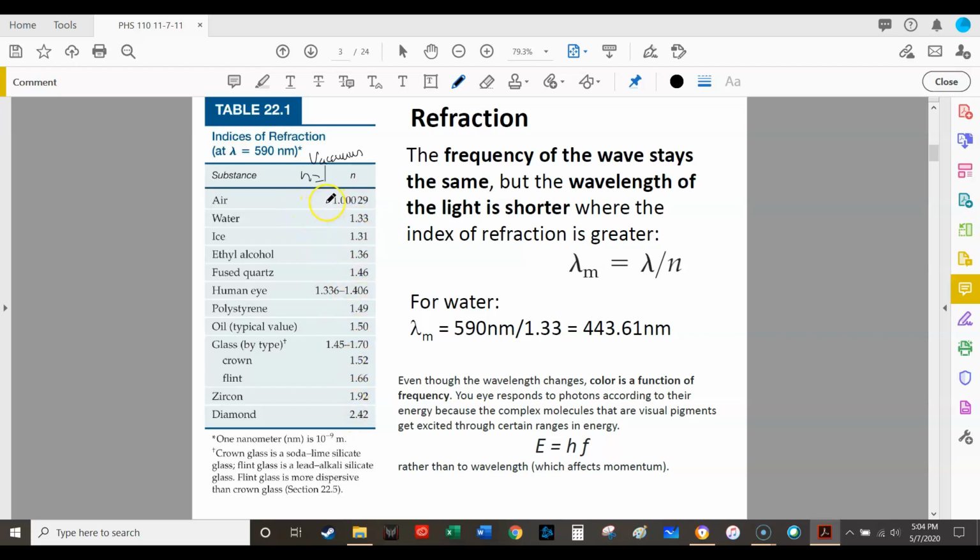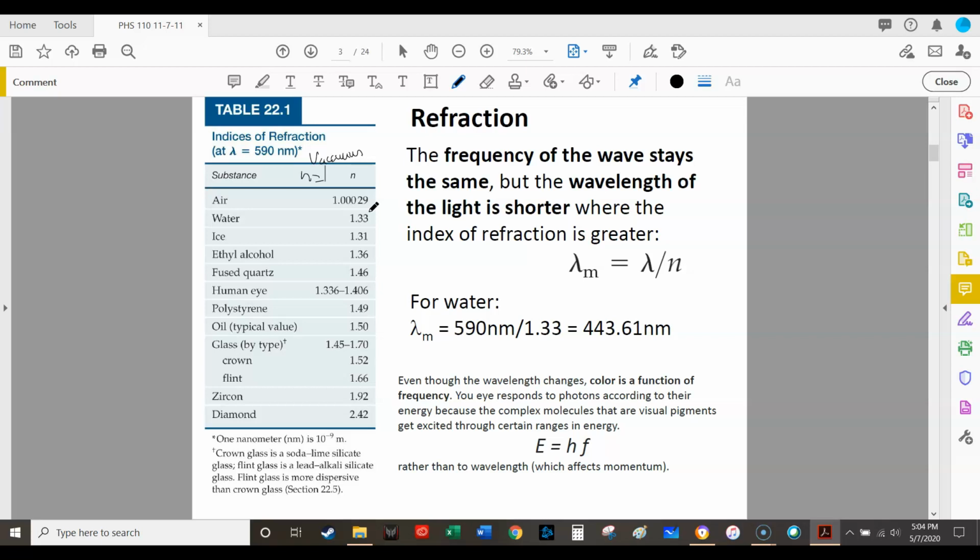So light will bend a little bit in air, it'll slow down a little bit in comparison to the vacuum. But then it hits water and it slows down even more, and ice, and then you've got different things like ethanol, alcohol, things like that. So that index of refraction is analogous to density. And it's not a perfect analogy, right? There's some exceptions, but for the most part, it's basically the density of that substance, right?